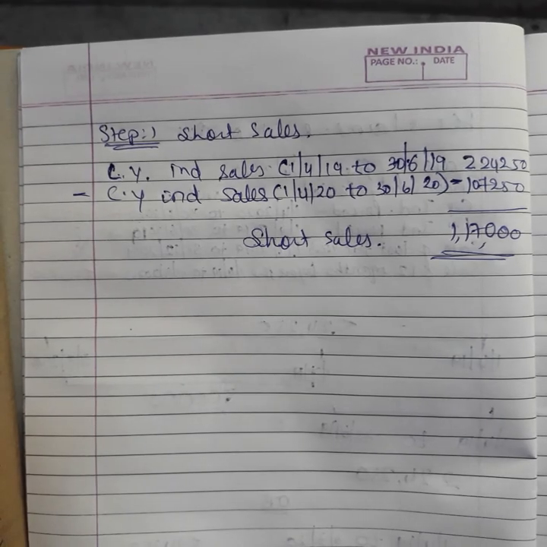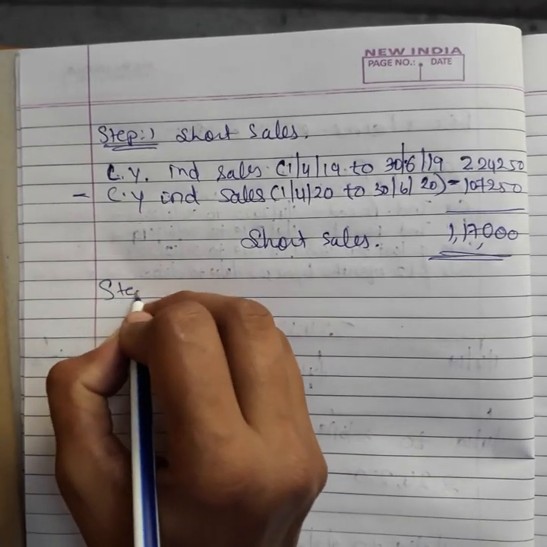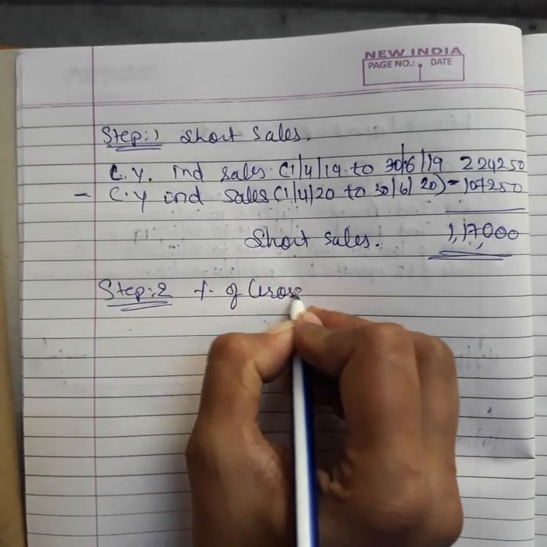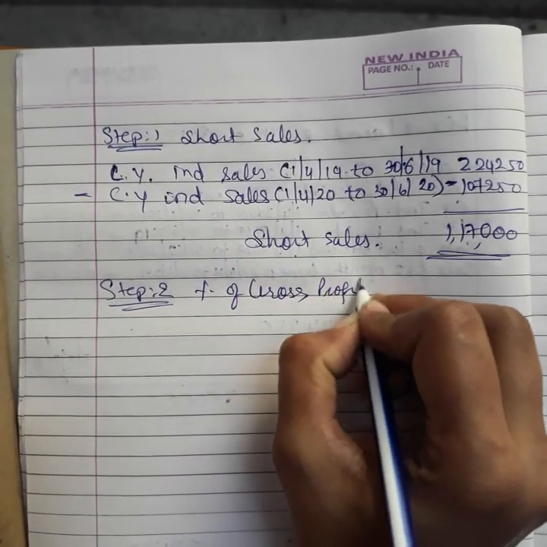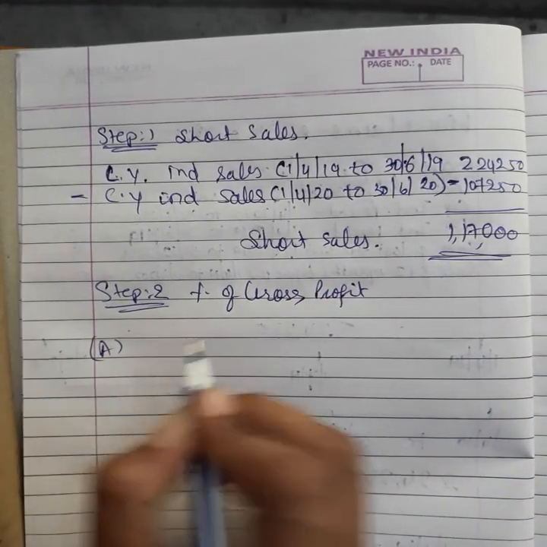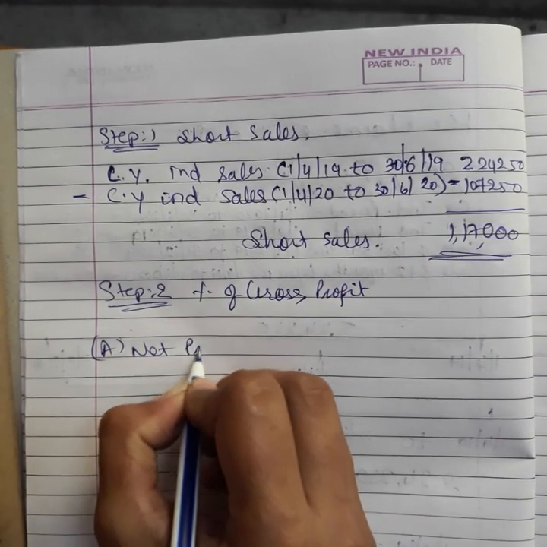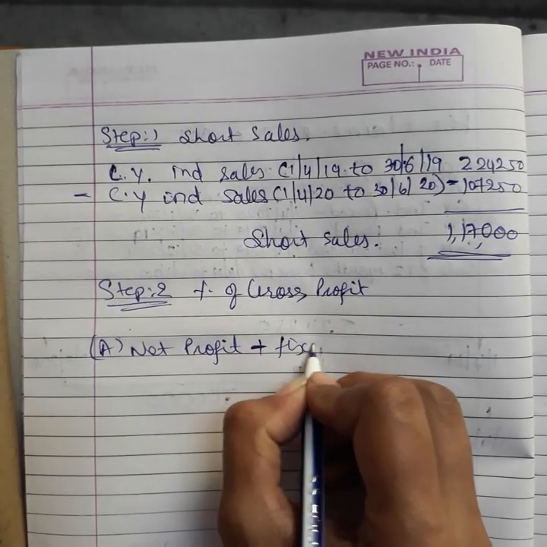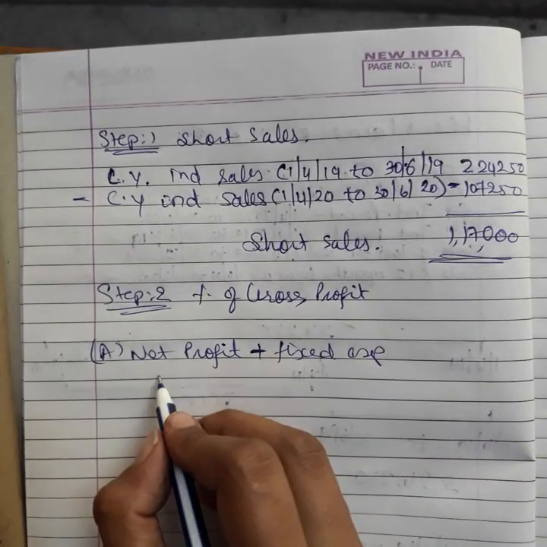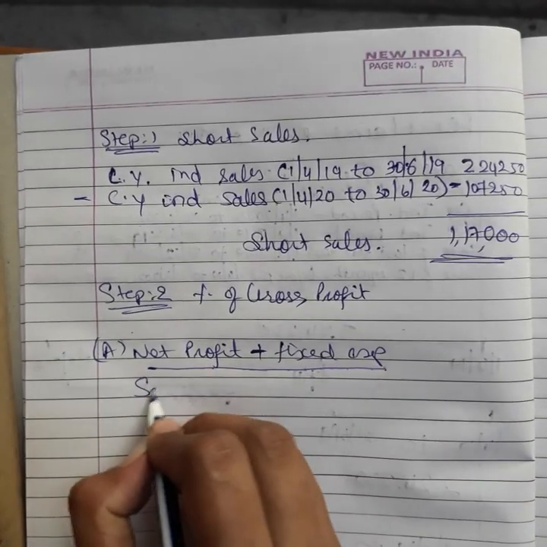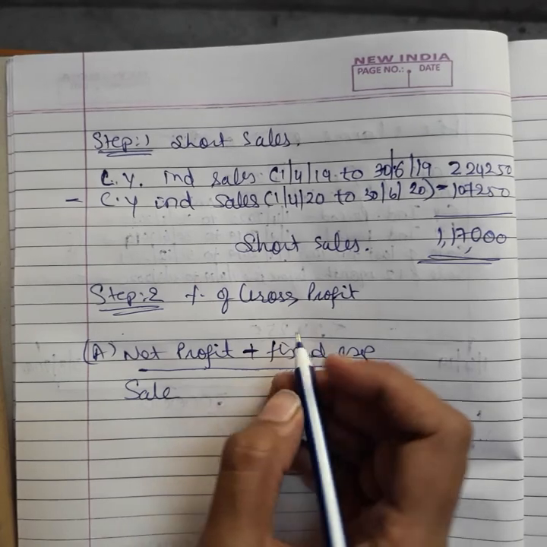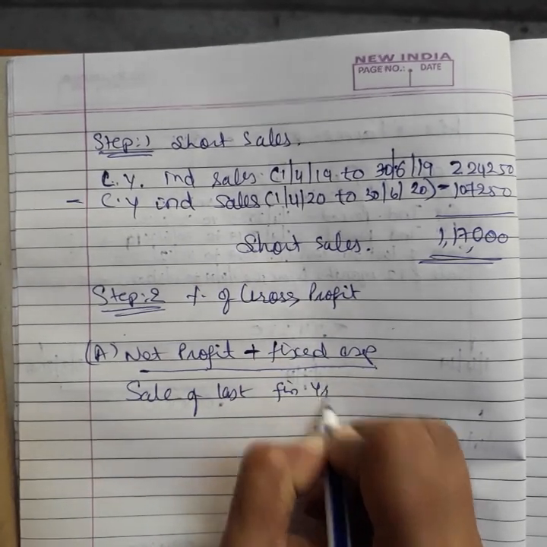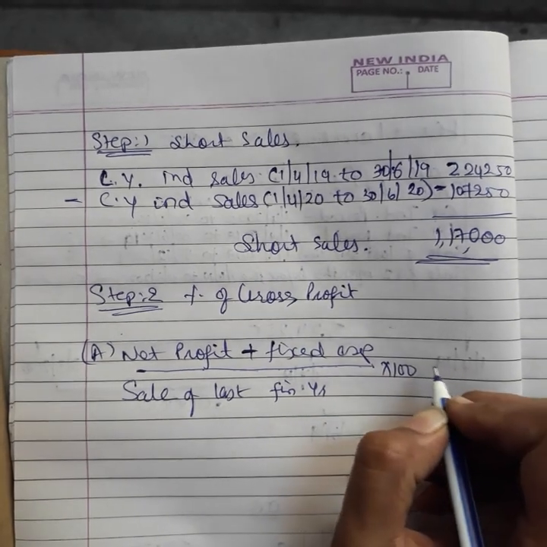Okay, first step is clear. Step number 2, percentage of gross profit. Under that, A, net profit plus fixed expenses divided by sale of last financial year into 100.